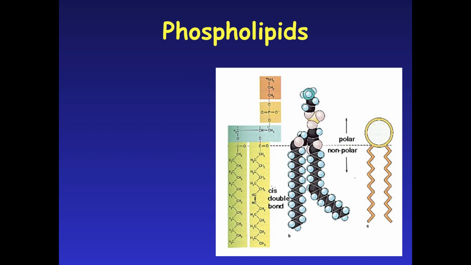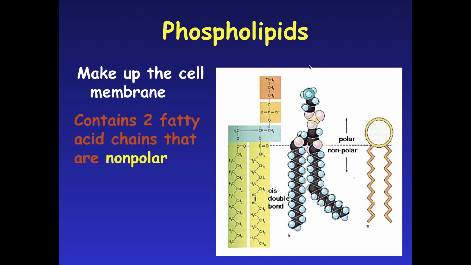All right. So what is the structure of the phospholipids? The phospholipids are the main structure that make up the plasma membrane. Remember, they're organized into two layers. These are the main components that make up the cell membrane. On the bottom are two fatty acid chains. They're a lipid.